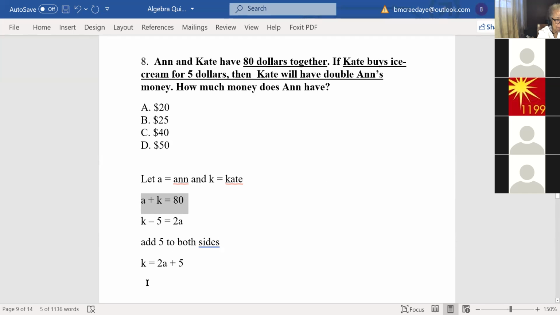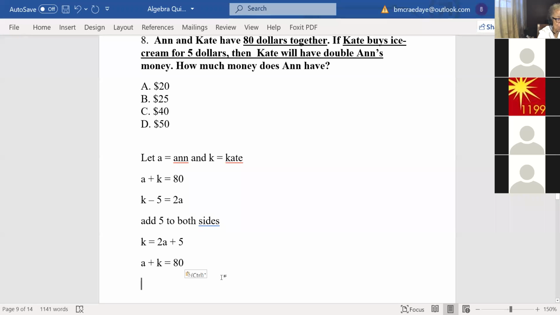Now, if you take this equation, and for K, substitute 2A plus 5, right? A plus 2A plus 5, and what is that equal to? A plus 2A is 3A, and that's equal to what? Now we're going to subtract out the 5.